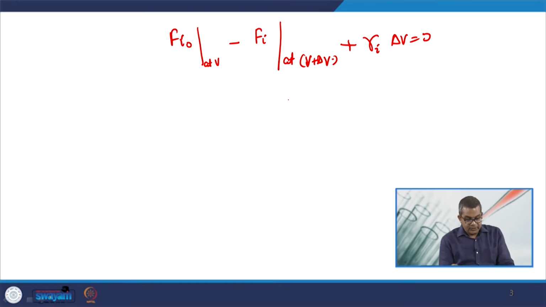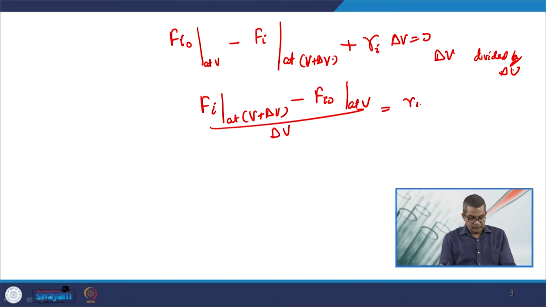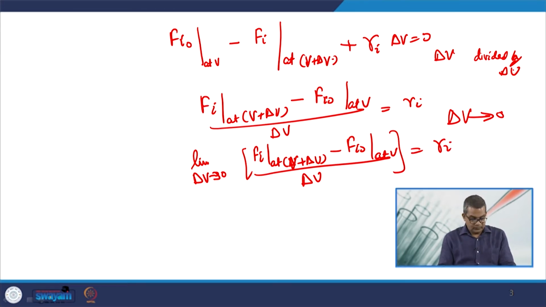Now if we divide both sides by delta V and rearrange the terms, then we have the expression over delta V. Now if we take delta V tends to 0, then this refers to dFi upon dV.